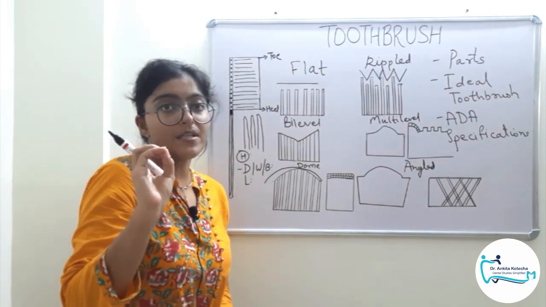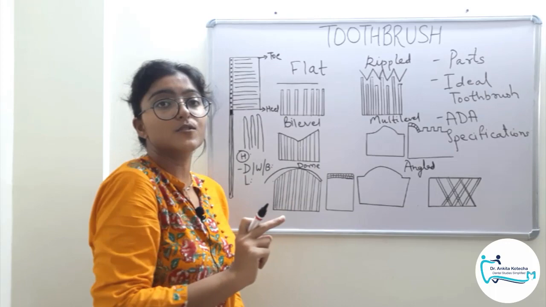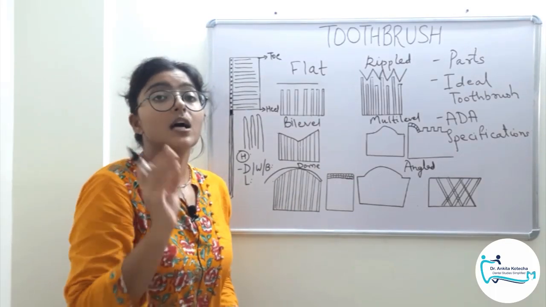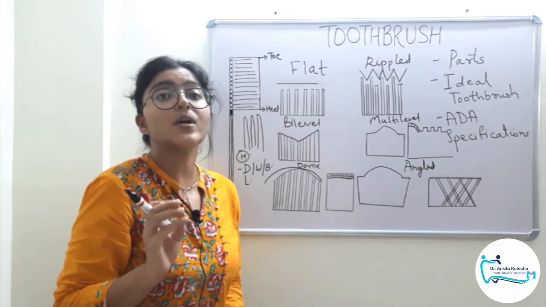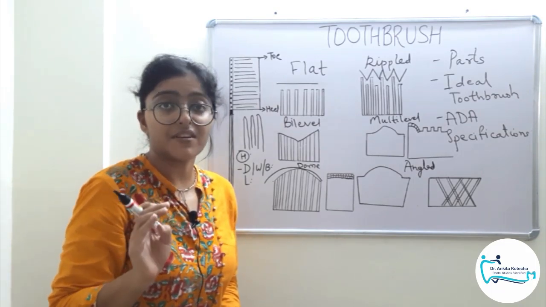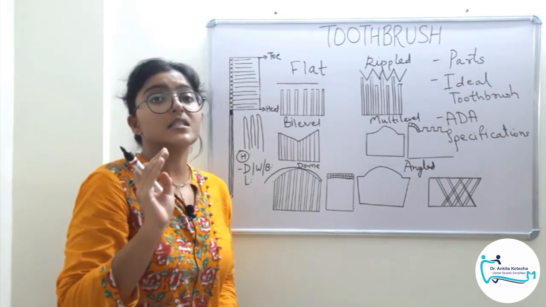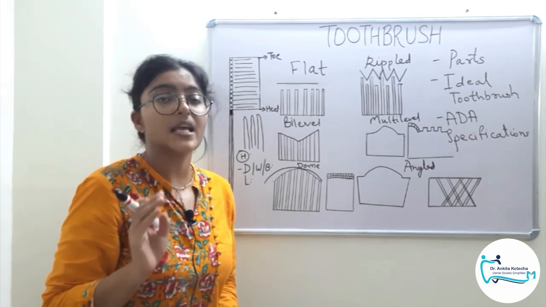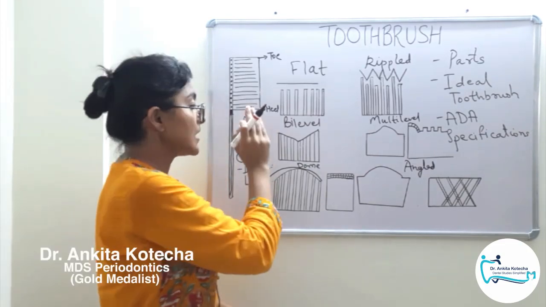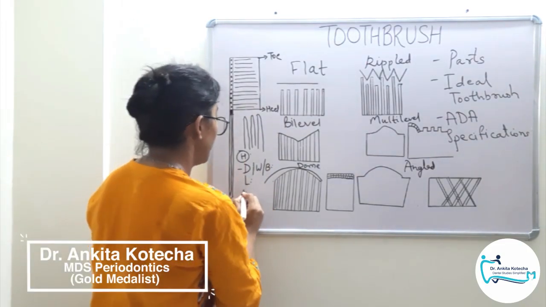The ideal diameter, as we have already discussed in ideal toothbrush, not more than 0.009 inches. Again, extra soft is 0.003 inches, soft is 0.007 inches, medium is 0.012 inches, and hard is 0.014 inches. So these are the dimensions of bristles.